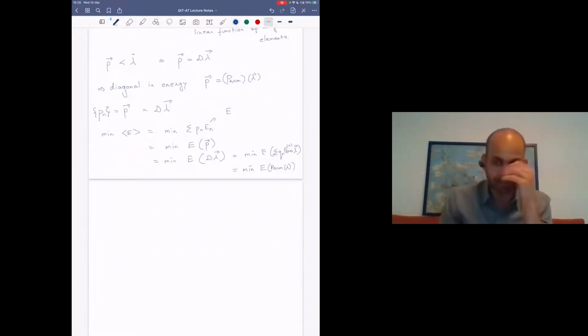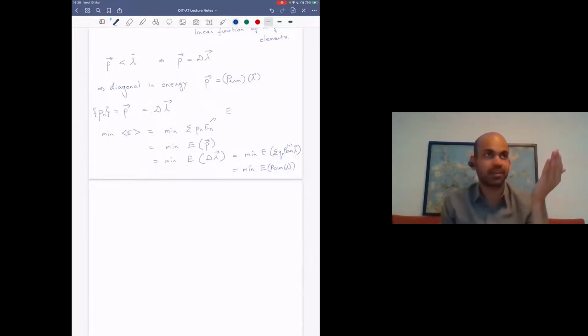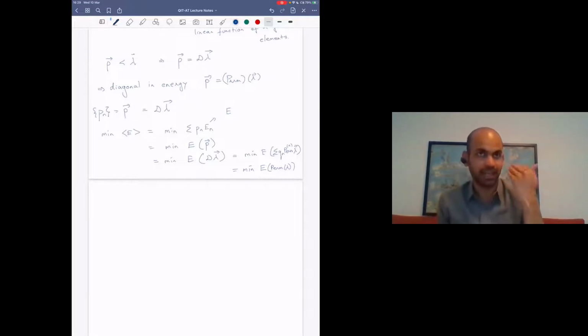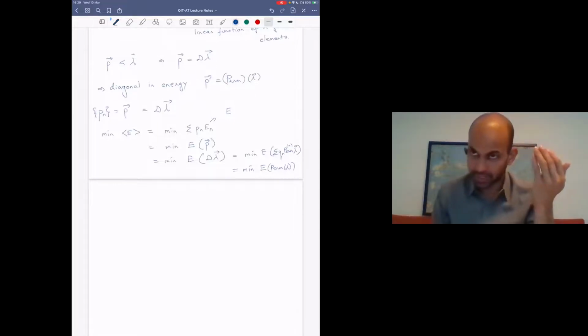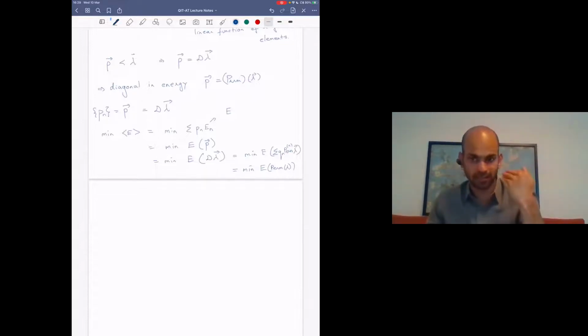So if we start with a state and we say that it is passive, it means that we should not be able to extract any work from it. We should not be able to do any transformation that decreases the energy.